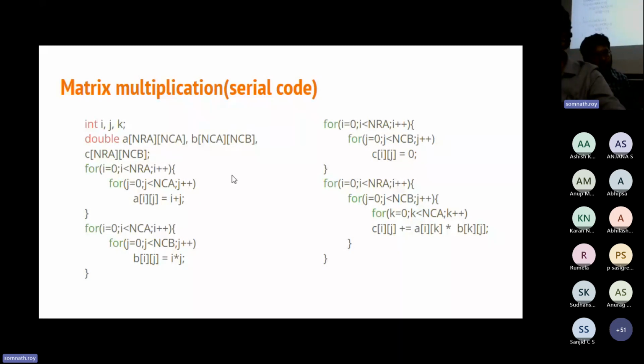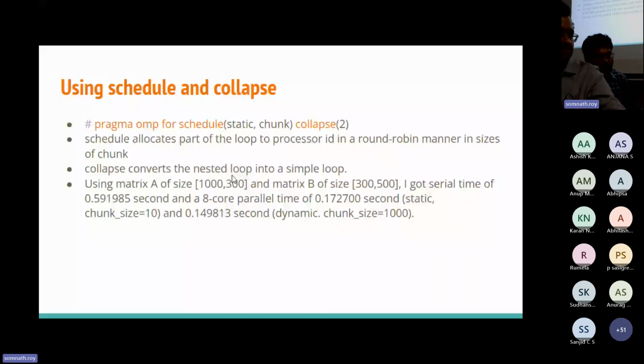Matrix B has been initialized as i multiplied by j. And matrix C has been initialized as 0 because it has to be initialized as 0. And then we have the matrix multiplication in the last for loop. The serial code is clear to everybody? Yes. Okay.